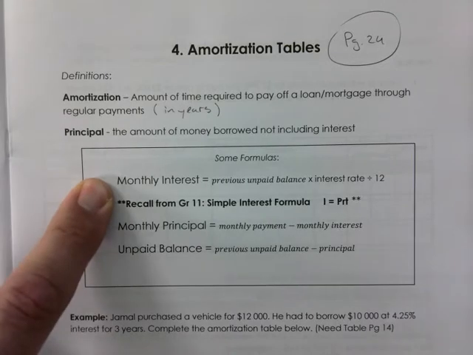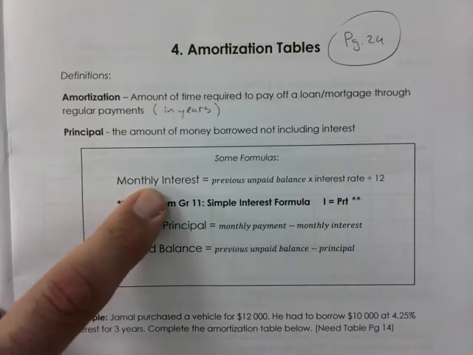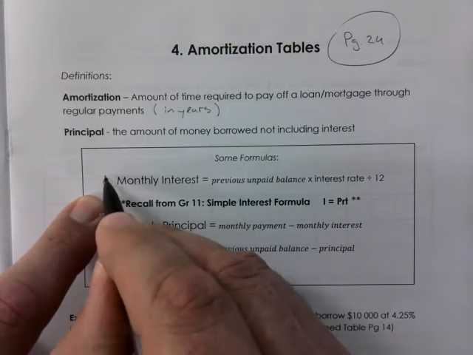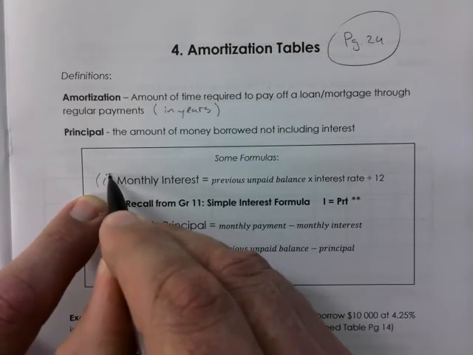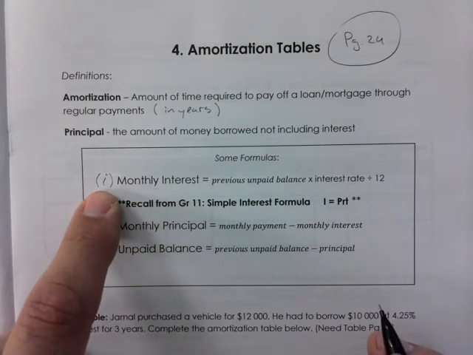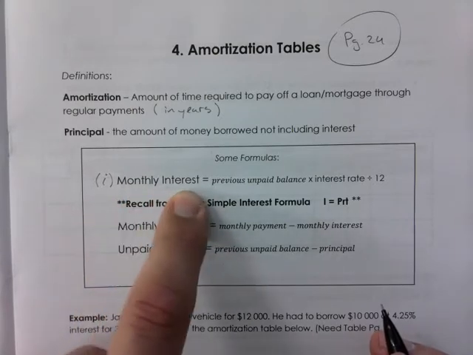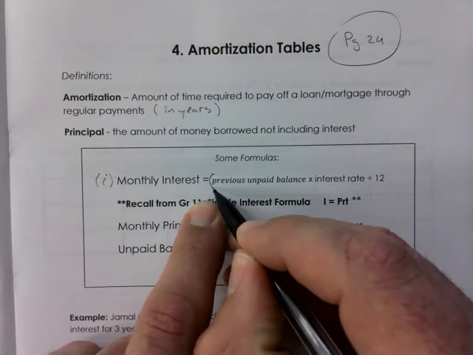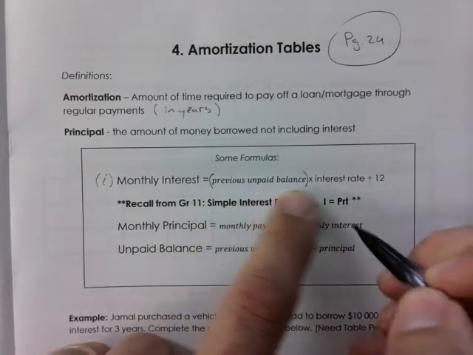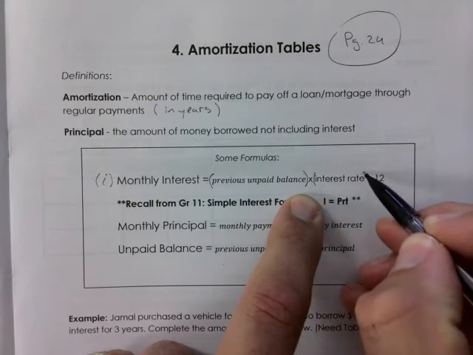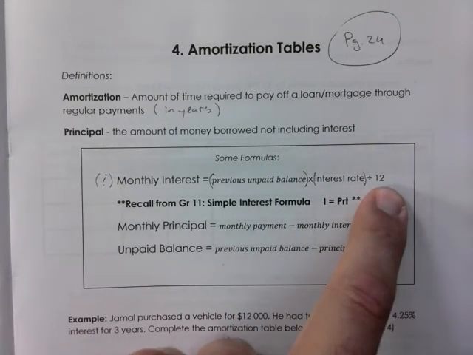Here are some formulas that you need to know. The monthly interest, I'm going to put lowercase i here. I'm not actually giving you brand new formulas, right? But with an amortization table, to get that monthly interest, you take your previous unpaid balance, in brackets, times the interest rate divided by 12.